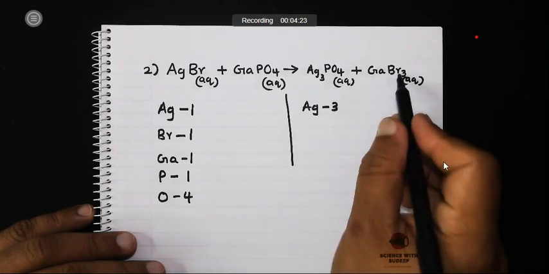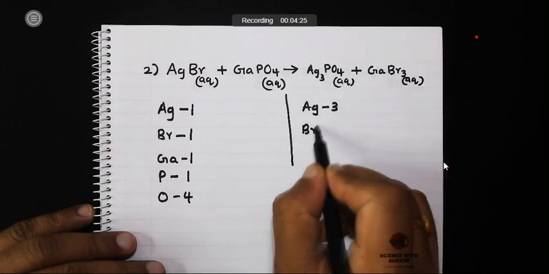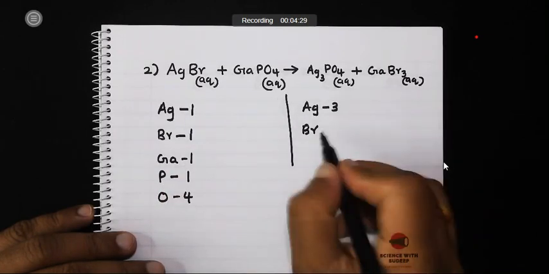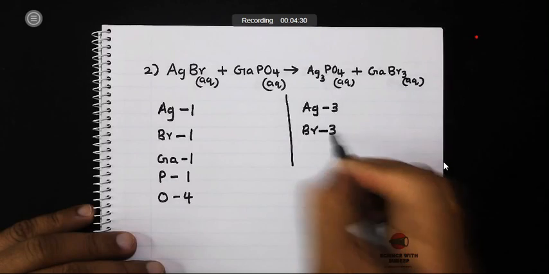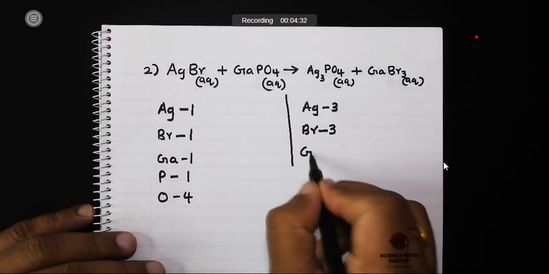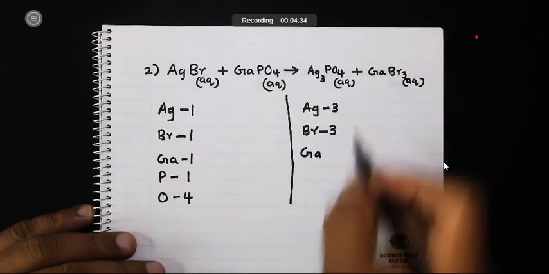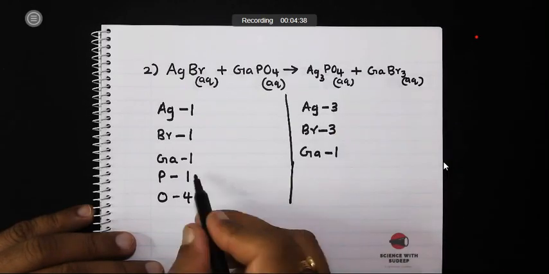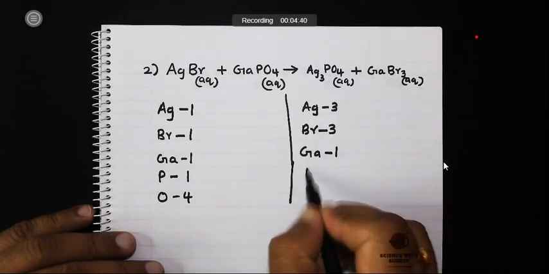Then bromine. I'm following the order of the left hand side. Bromine is 3, then gallium you can see it's 1. Then the next one is phosphorus.